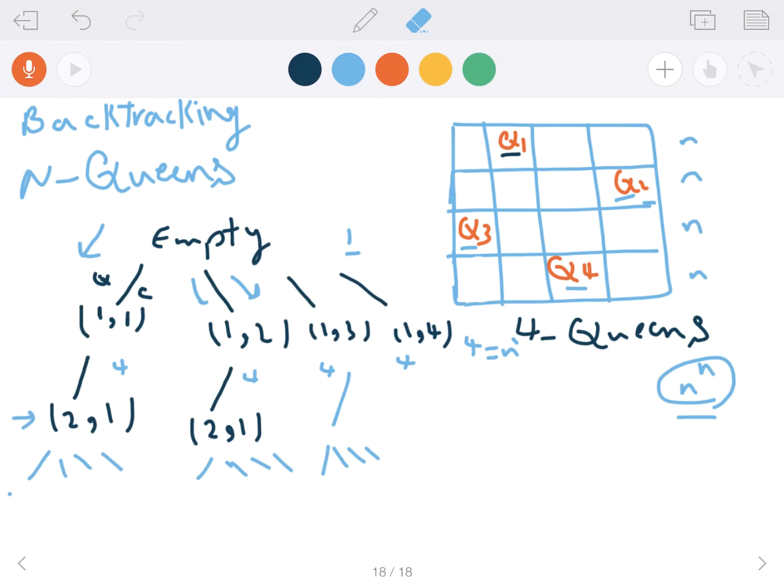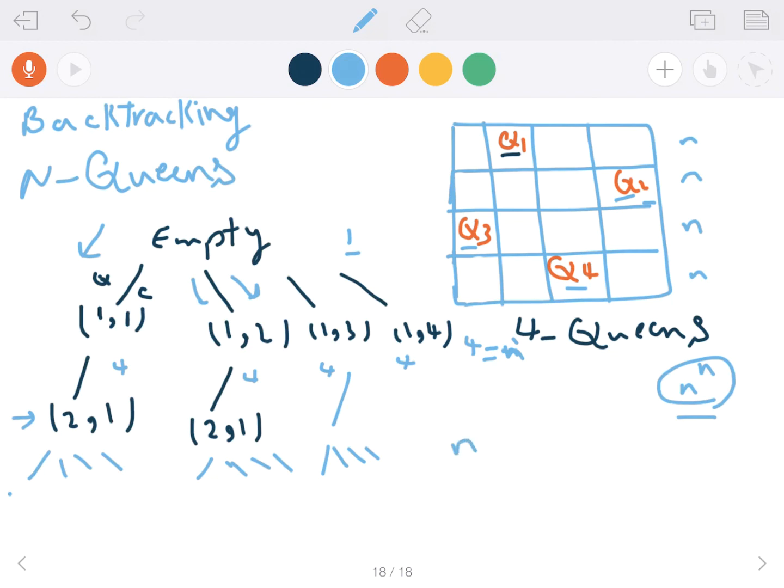At the first row we'll have n choices, so you can put the queen in any of the columns. But for the second one, you cannot put it in the column that is already occupied by the first queen. So you have to put it in another one.